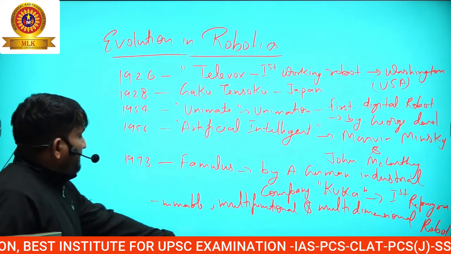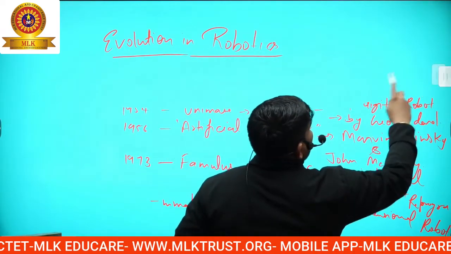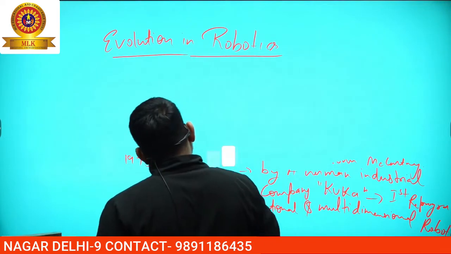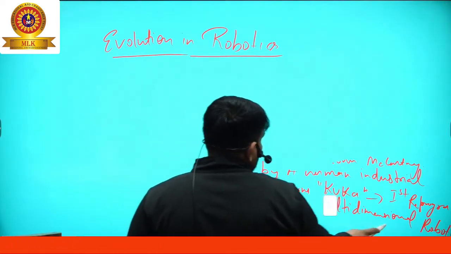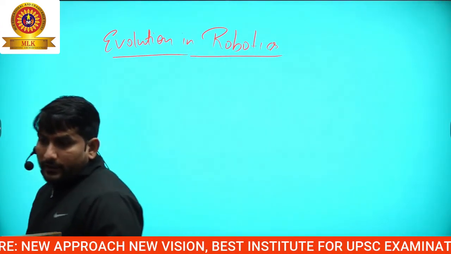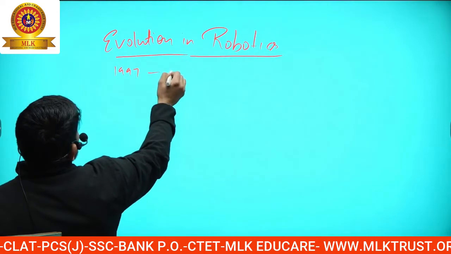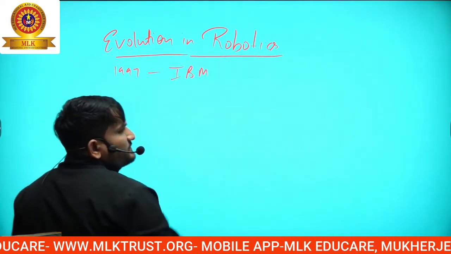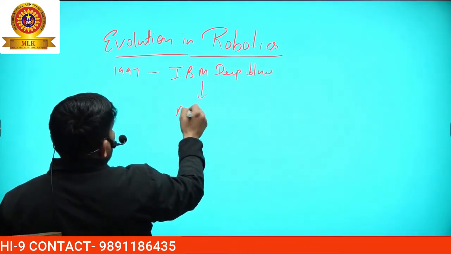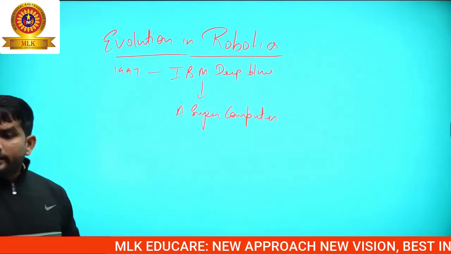Okay, and this supercomputer is also considered as a robot. ठीक है, क्यों? क्योंकि दिस इज अ प्रोग्रामेबल कंप्यूटर. ठीक है, रीप्रोग्रामेबल कंप्यूटर. एंड इसके बारे में एक चीज़ IBM डीप ब्लू के बारे में ये चीज़ है कि in the year of the 1997, okay, the IBM, International Business Machines, IBM Deep Blue, a supercomputer, okay, is introduced in the 1997.